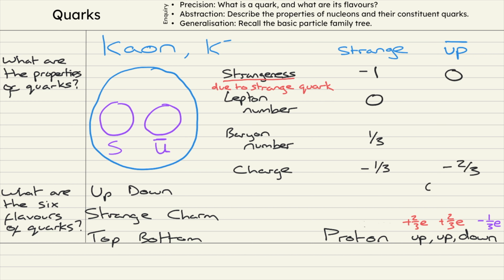Now, remember, it's an anti-up, so its mass is the same as an up's, but the charge is negative. And that means that overall the charge is -1 e. The baryon number is 0 because the strange quark has a baryon number of +1/3 and the anti-up has a baryon number of -1/3.